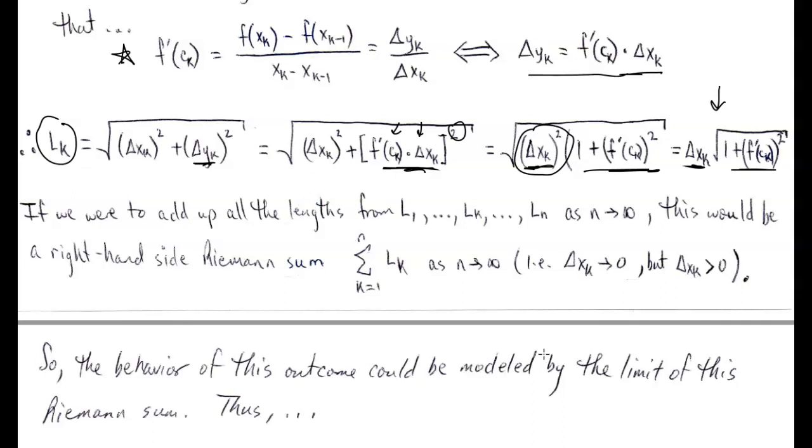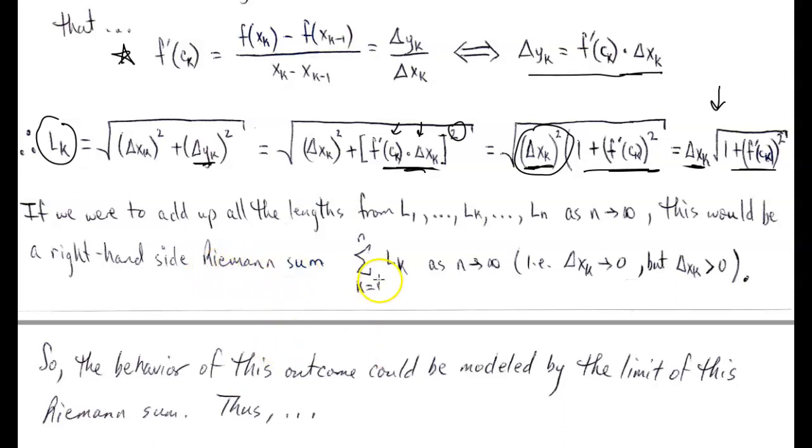So I need to add n of these lengths together. And if n is approaching infinity, that's going to be what's called an infinite sum. If I want to study the behavior of what all these lengths act like when I add them up together, that's actually going to be the limit of a Riemann sum.